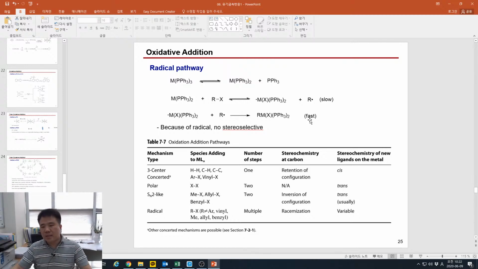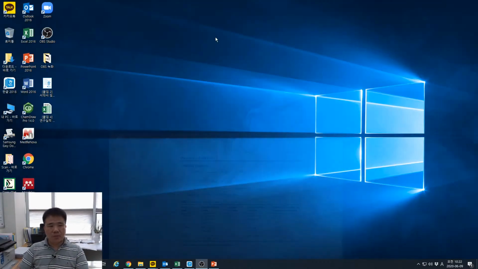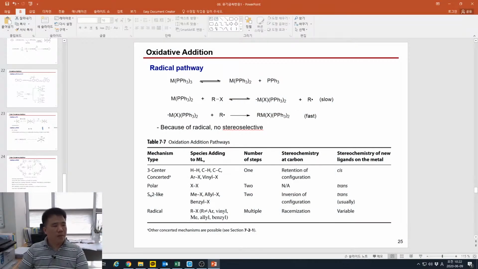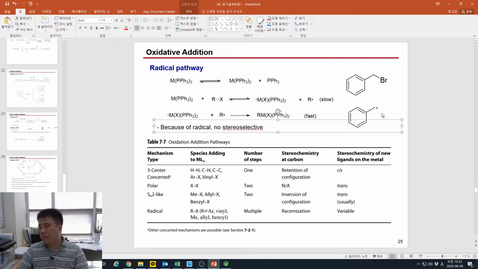Because if you think about benzyl halide, as you know, the radical in toluene is very stable.